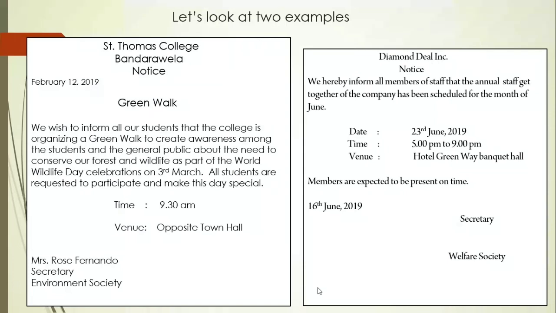Similarly, name and signature can also be found in two different places. In the first notice, you see the name and the signature written on the extreme left, whereas in the second notice, you find it written on the right. There's no issue in this.